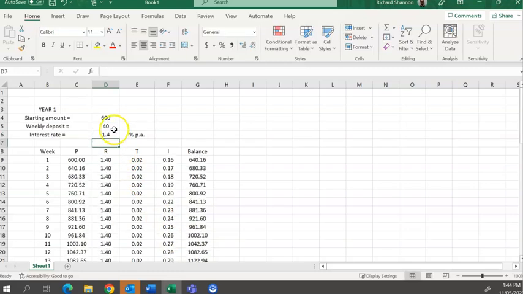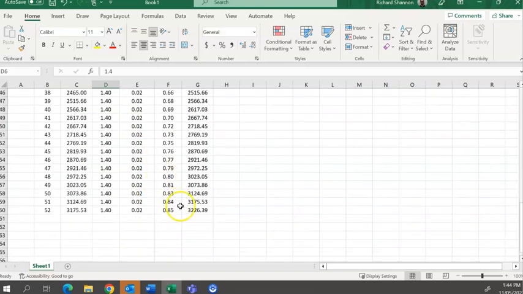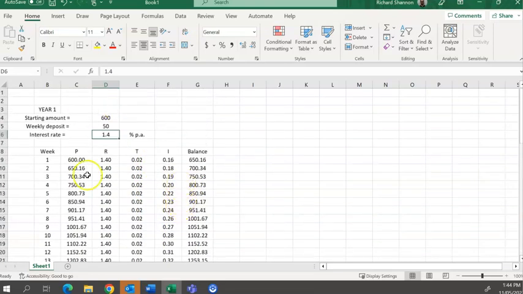Everything automatically changes. What if I can put aside $50 a week, not just 40? Everything automatically changes. I don't have to go and redo anything. It will just automatically do it because these 3 here are the keys. Everything's referring back to them, and all I've got to do is change those, and everything will automatically change.